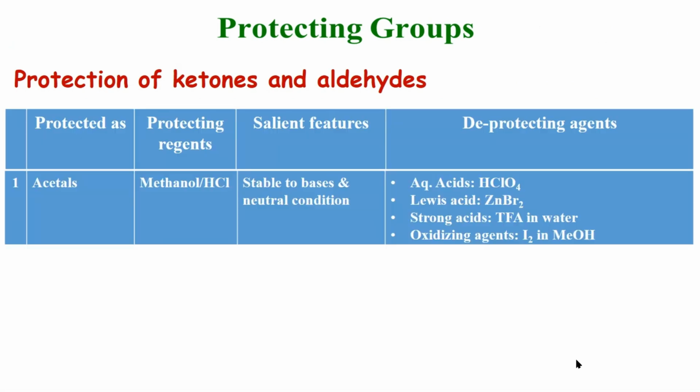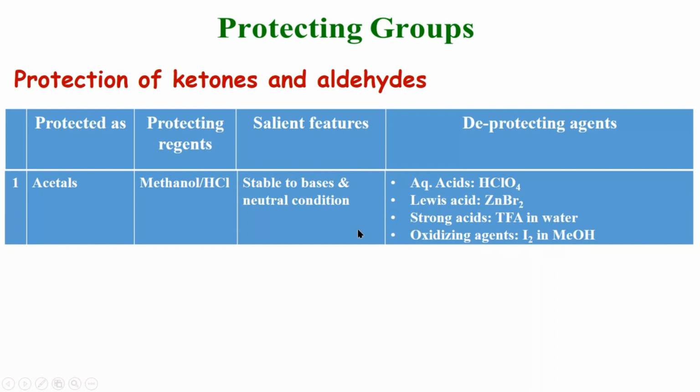Overall, summarizing, the versatile method of protection of aldehydes and ketones is in the form of acetals by using methanol and HCl as the protecting reagent, and they can be cleaved easily by using aqueous acid like perchloric acid, Lewis acid like zinc bromide, strong acid like trifluoroacetic acid, and also by using a mild oxidizing agent like iodine in methanol.